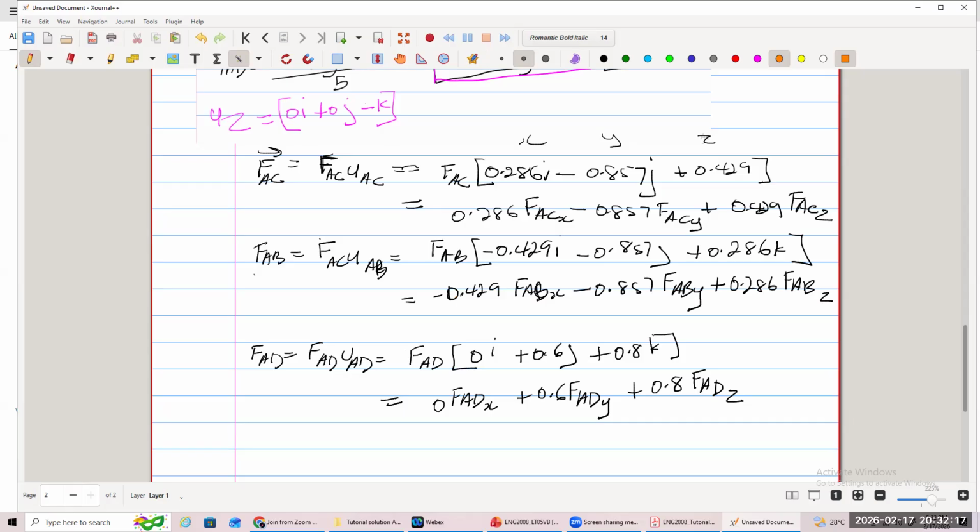So this is representing one line. Which line is this? This is the AC line.